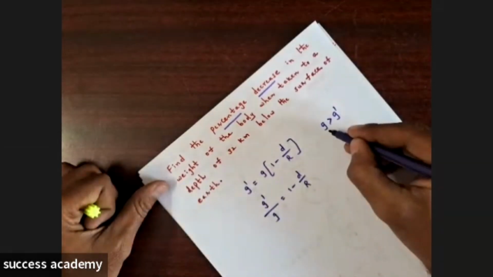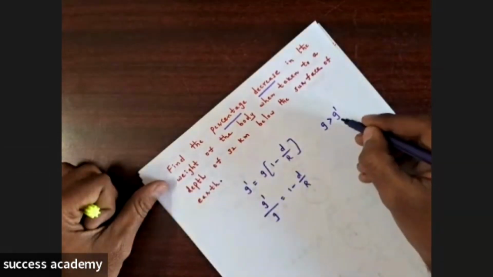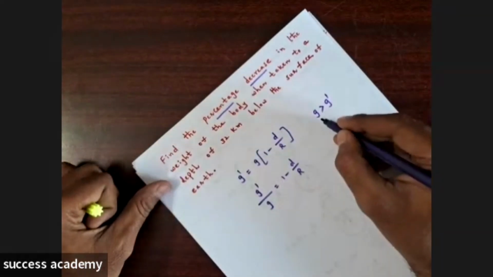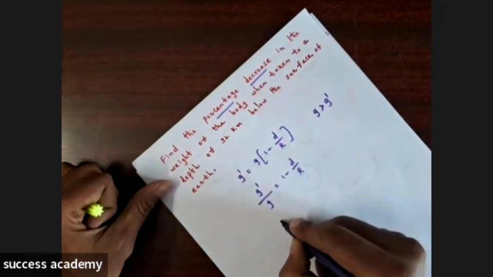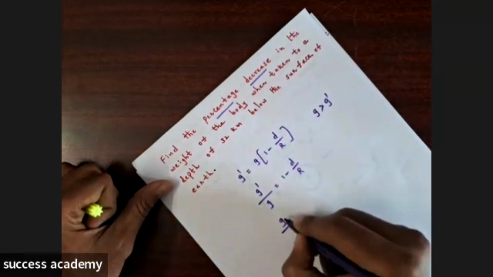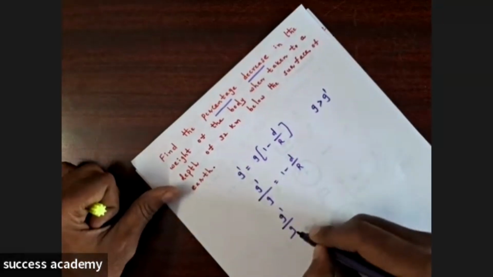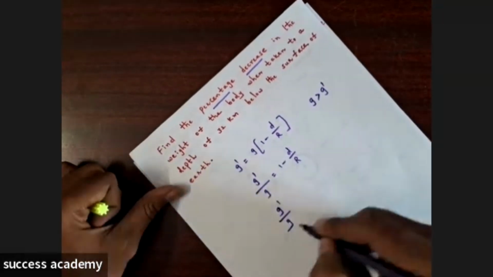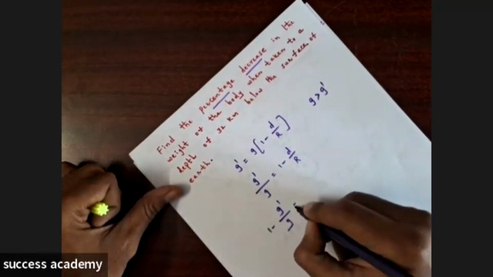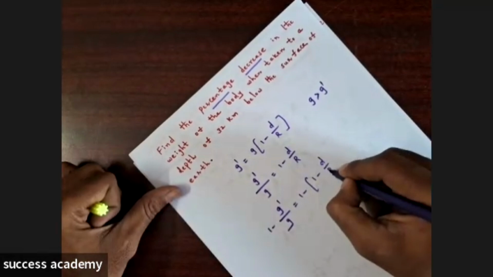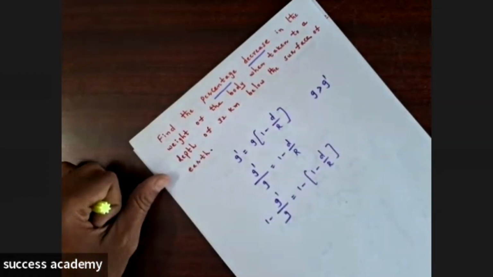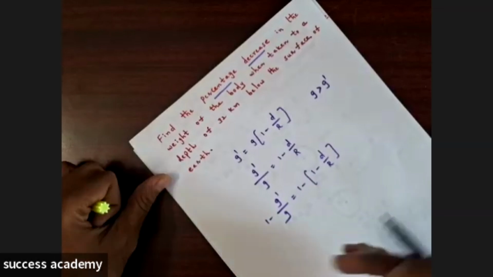So g is the initial value, which should be greater than the final value g dash. For percentage decrease, we consider higher value minus lower value. For that, on both sides you have to do 1 minus, because to take initial minus final, both sides I need to take 1 minus.